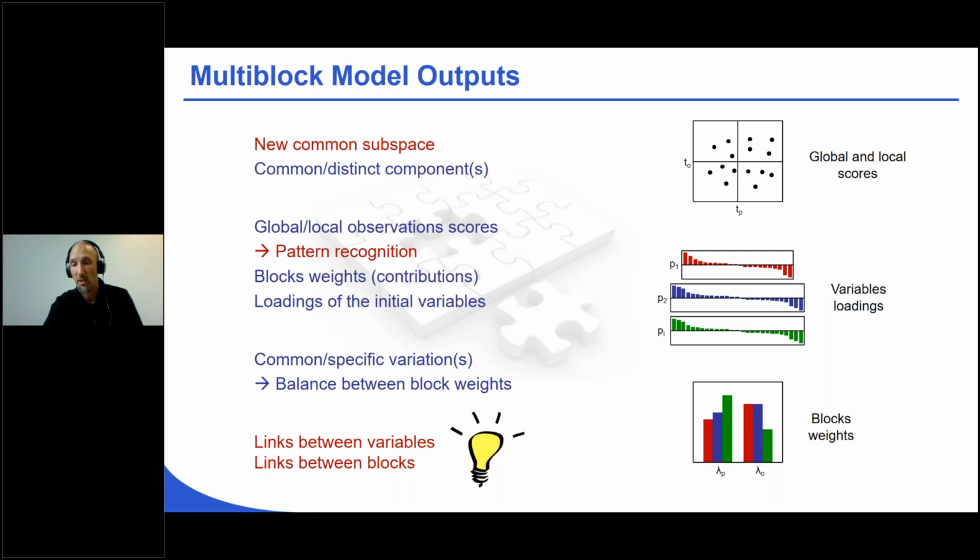And of course, the additional information here is that you will have access to the importance of the blocks in computing the different components, based on their weights, and you will be able to assess which one was the best or the most informative to get a specific distribution of your observations.